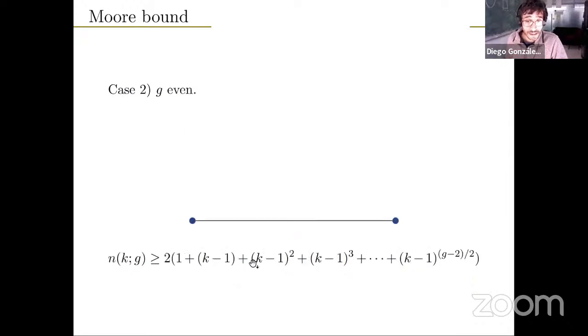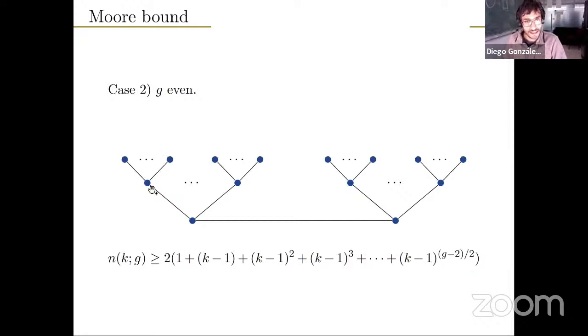When the girth is even, I just need to take an edge instead of a vertex. So we begin with one edge. Here I have an edge and two vertices. And from each of these two vertices, I must have k minus 1 new neighbors, because this vertex already has one neighbor. So I have 2 times 1, these two vertices, plus the k minus 1 neighbors on each side.